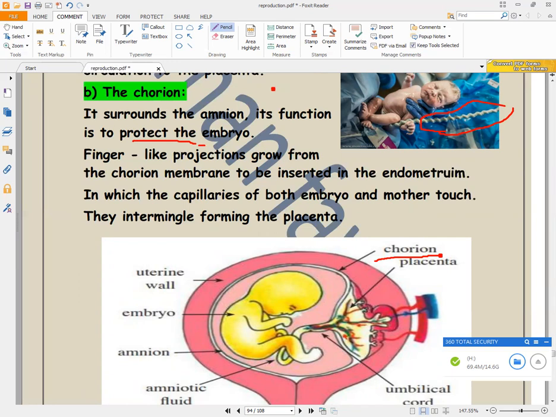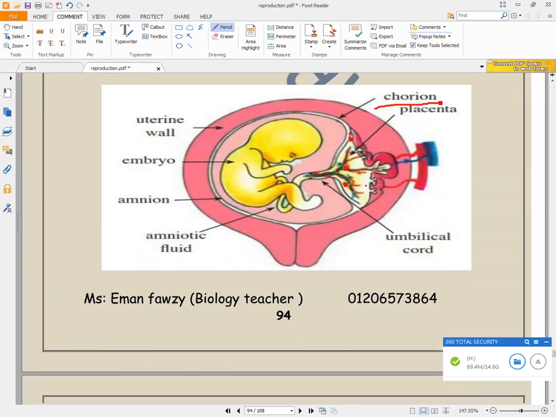If you look here, you will also find projections that grow from the chorion, okay? You have here projections, okay? Through which the chorion membrane is inserted in the endometrium, okay? Also, you will find that the capillaries of both embryo and mother touch each other by something that's called the placenta, okay?